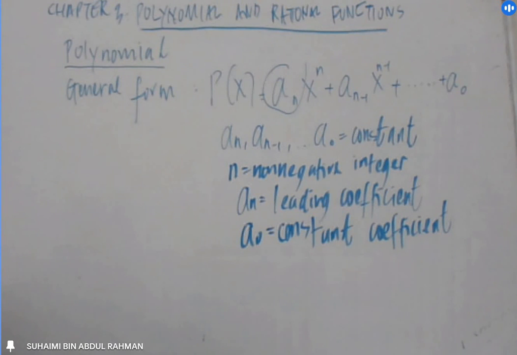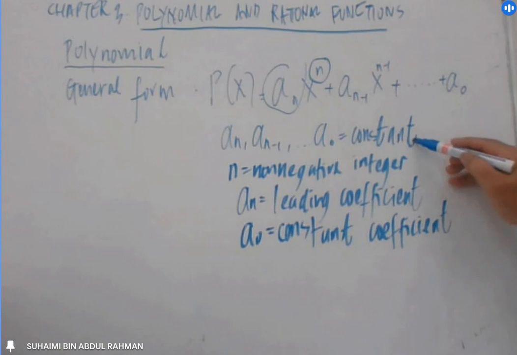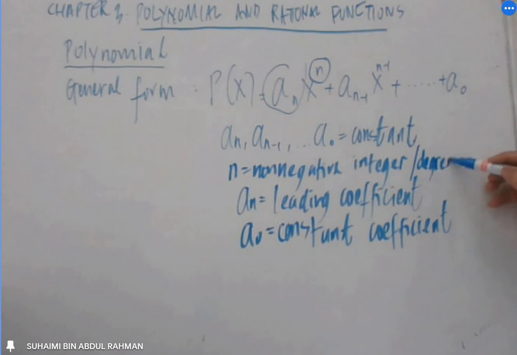So a polynomial can be divided into monomial, binomial, trinomial, etc., depending on the degree. n must be a non-negative integer, and it represents the degree of the polynomial.